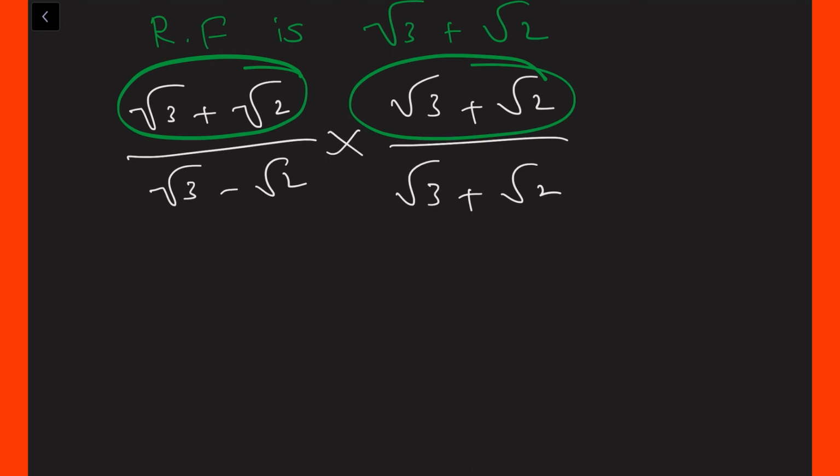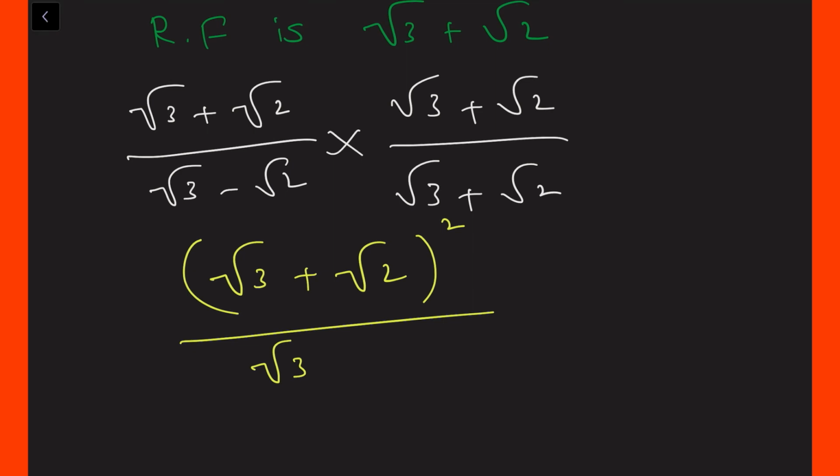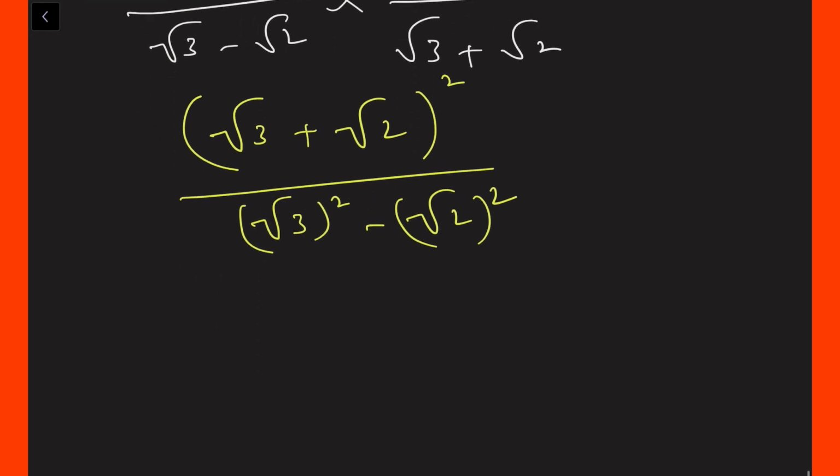Root 3 plus root 2 into root 3 plus root 2, that is root 3 plus root 2 whole square, divided by, as I already said, the denominator will always be in the form of a square minus b square only. So we will get root 3 whole square minus root 2 whole square.